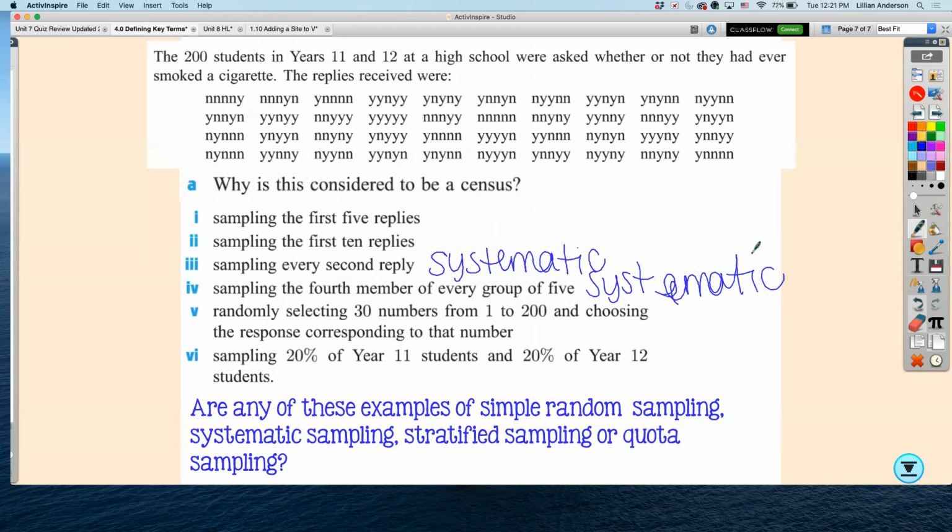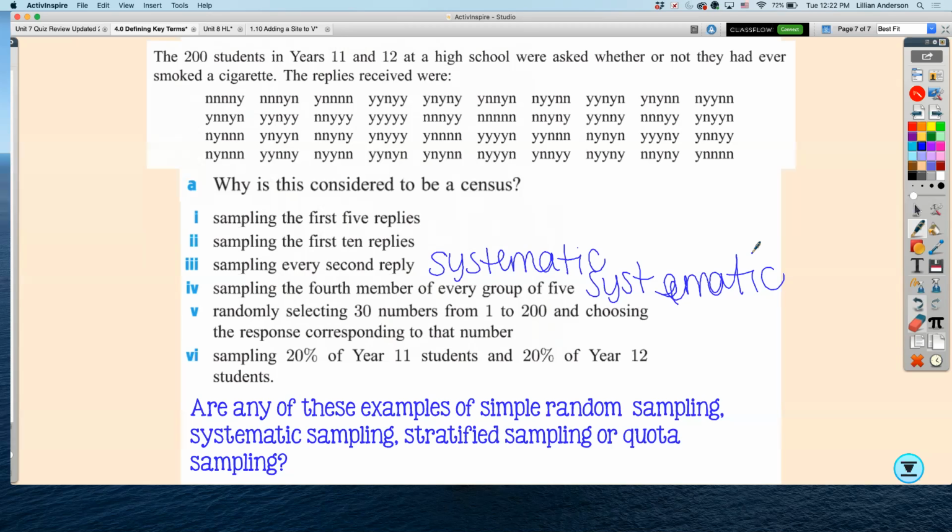The last one, 20%. With the last one, it being 20%, because that's like... Wait, wouldn't 6 be quota though? Because it says sampling 20% of year 11 students and 20% of year 12 students. Mhm.